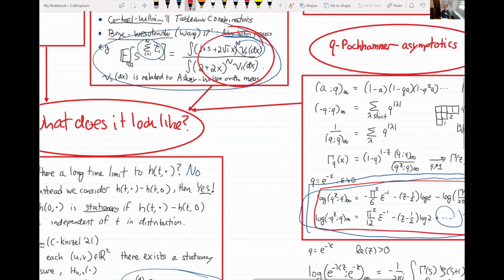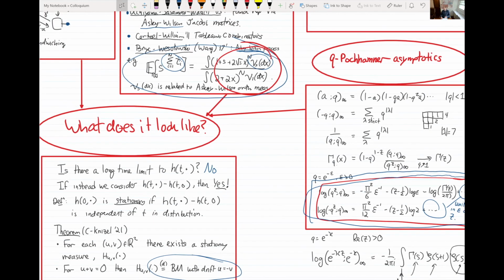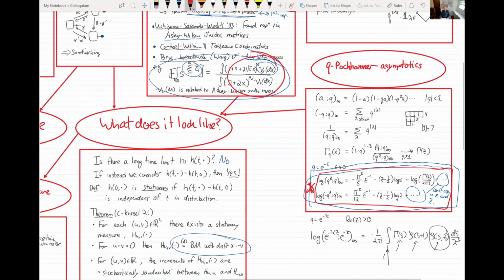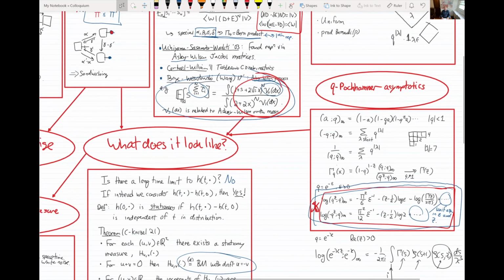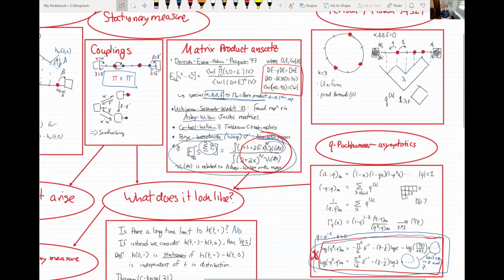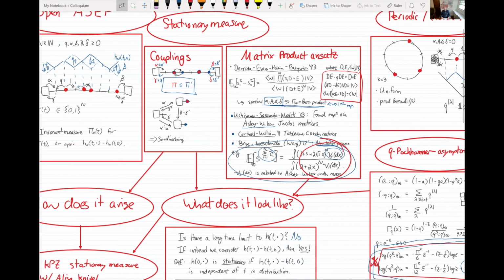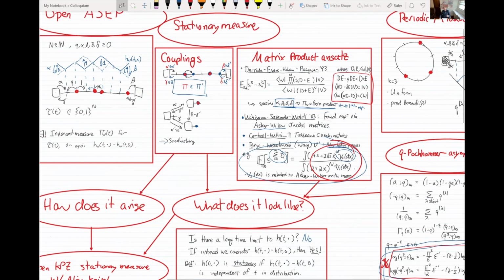So a lot of the work goes into establishing these asymptotics and then using them to take asymptotics of these Bryc and Wesołowski formulas, and then using that as well as the couplings. The couplings are very important for establishing the Holder bounds that I alluded to.